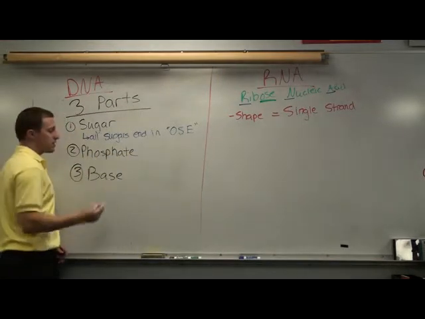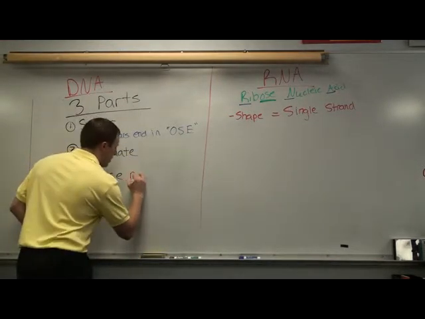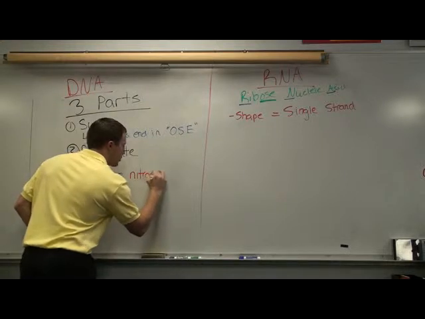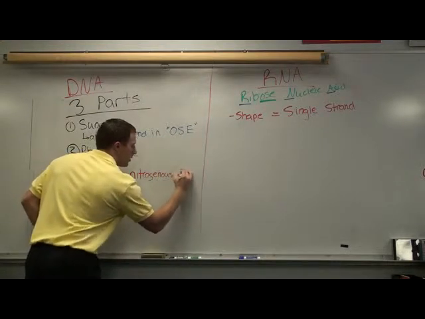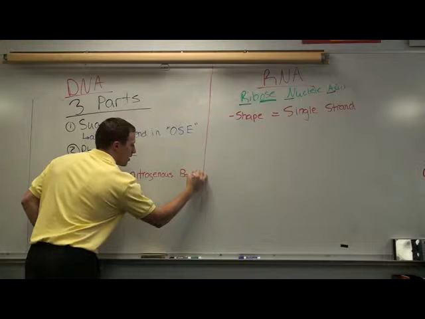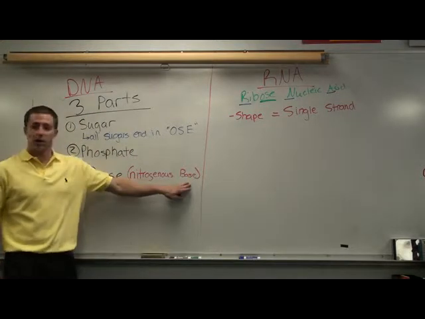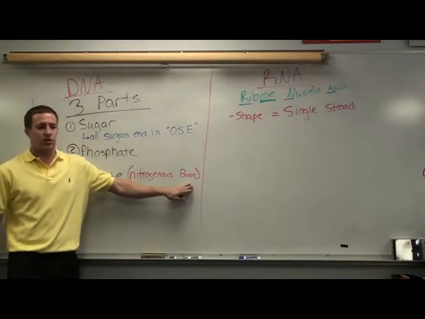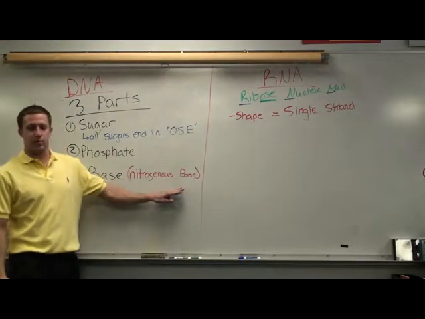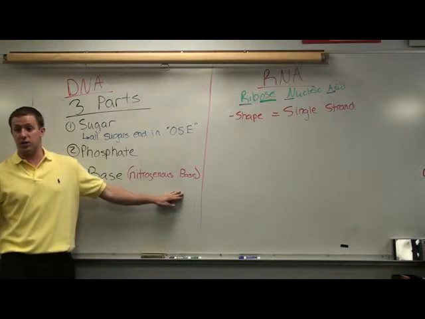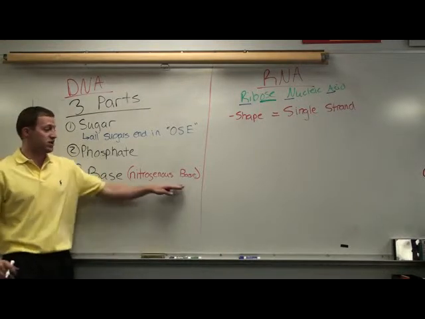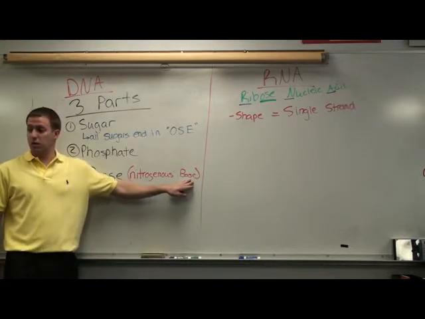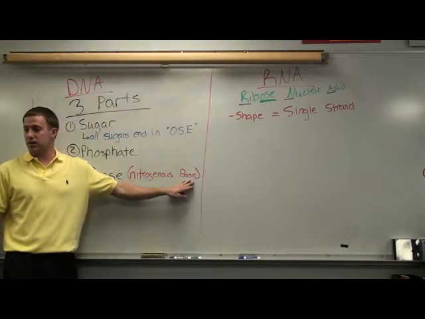Sometimes you'll see them called a nitrogenous base. But it's still just a base. So if you just memorize base, you'll be okay. Don't worry too much about this. I just want you guys to know that if you see it on the test as nitrogenous base, it's just a base.